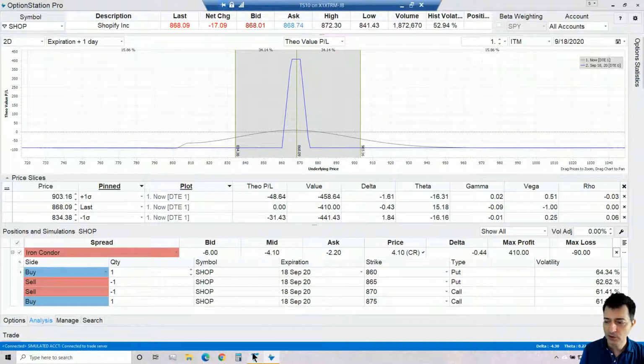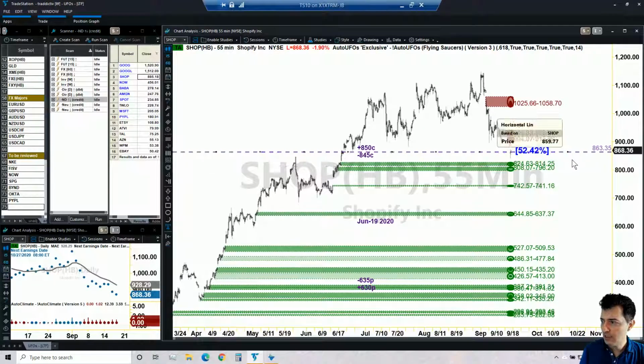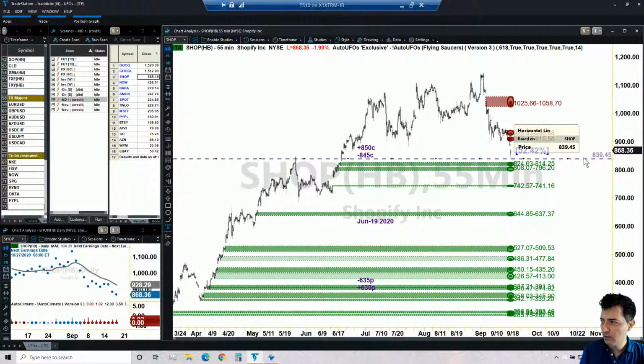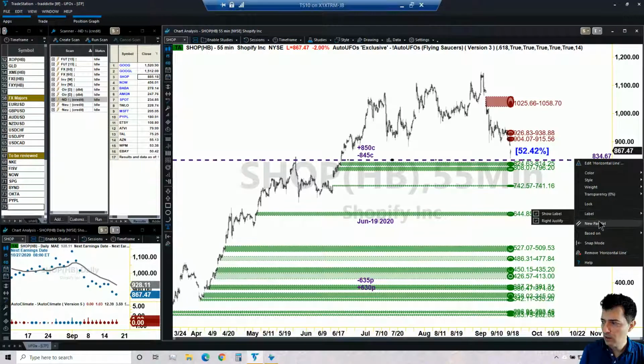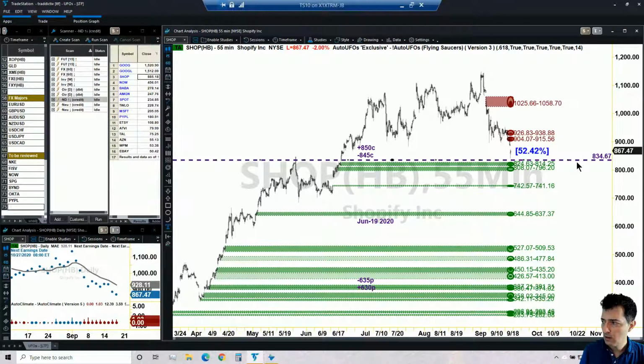So if I was to go back to the chart and move to 834, so 834 is somewhere here, okay, and 903 is somewhere here, something like that. Okay, it's actually lower than that, but good enough.